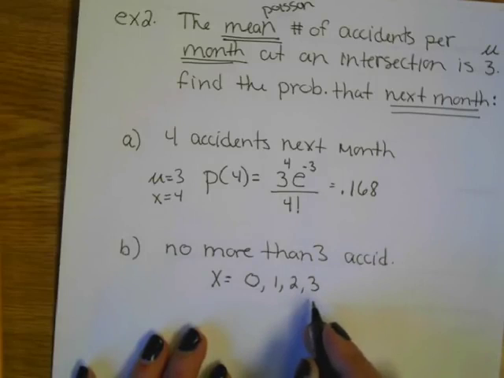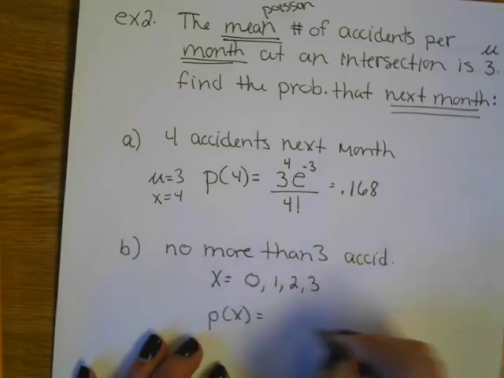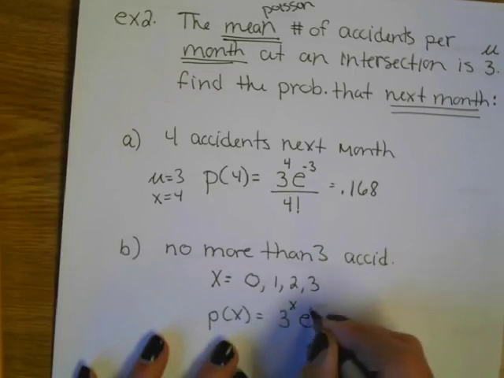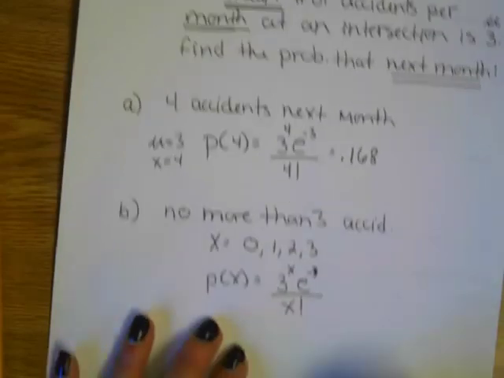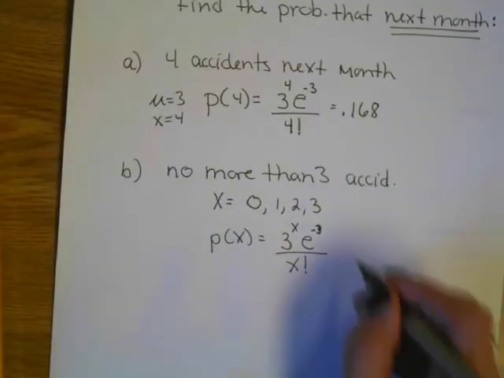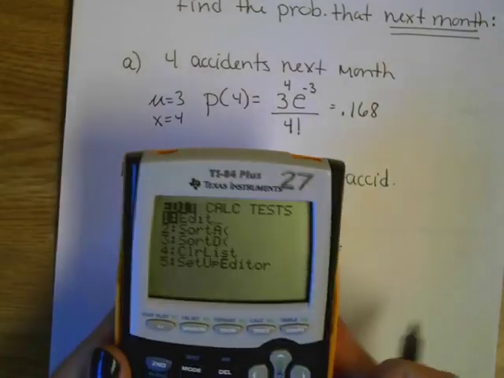So this would be a good one to use the list. So it's mu raised to the x, e raised to the -3rd, over x factorial, and our x's are going to be our values in L1. That's gonna take forever. So we're going to put in 0, 1, 2, and 3.